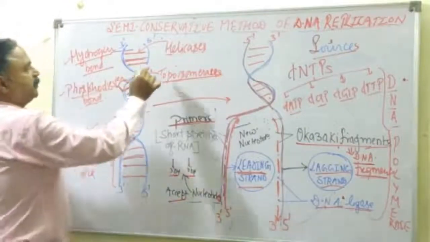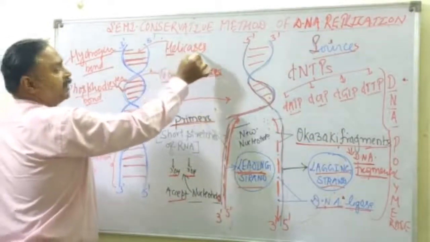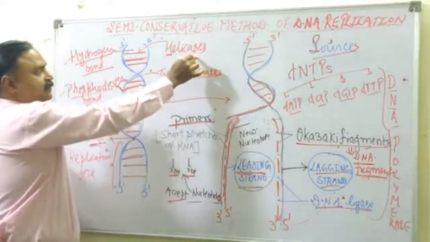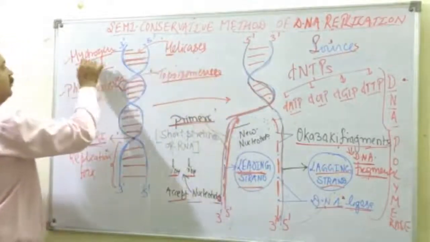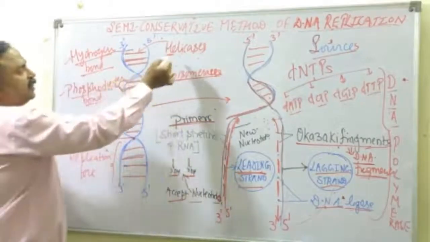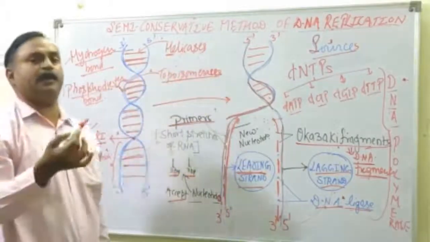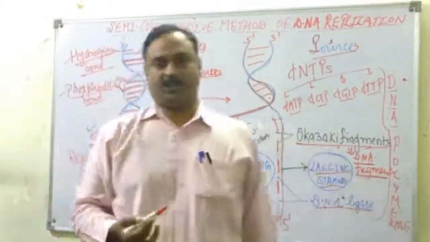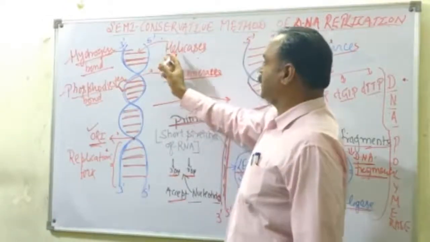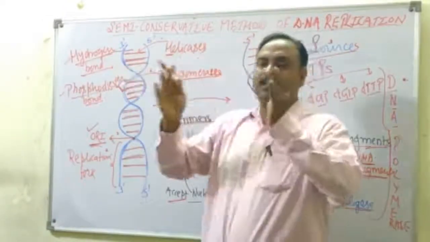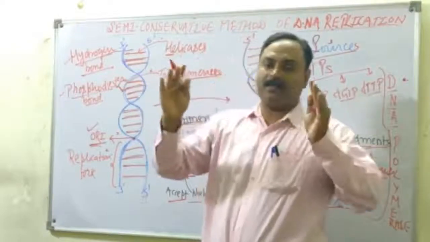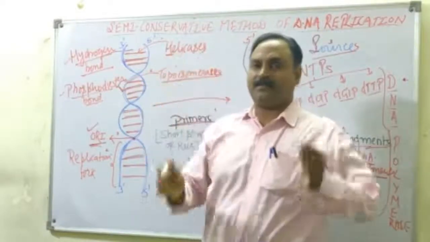The first step is the function of helicases. Helicase enzymes break hydrogen bonds. The function of enzymes taking part in DNA replication is asked. So what is the function of helicases? It breaks hydrogen bonds and separates the strand, and it gives rise to the templates.